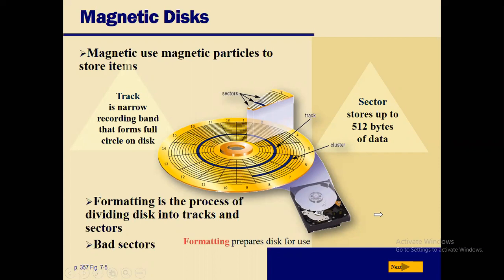When we want to retrieve data from the hard drive or any magnetic disk, the read head performs its function, and if you want to store some information, the write head will work.